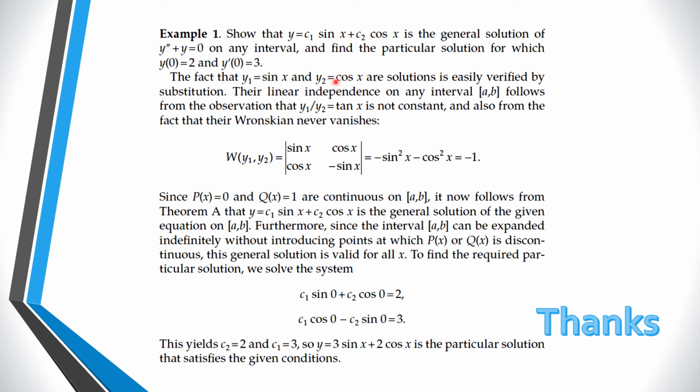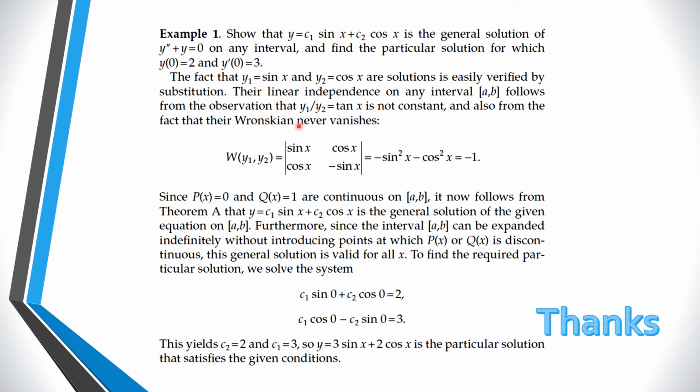Similarly, for cos x, the second derivative is minus cos x, plus cos x, it is also 0. So this also satisfies this equation. So these both are solutions of this equation, because these two satisfy this equation. So therefore they are solutions, right?